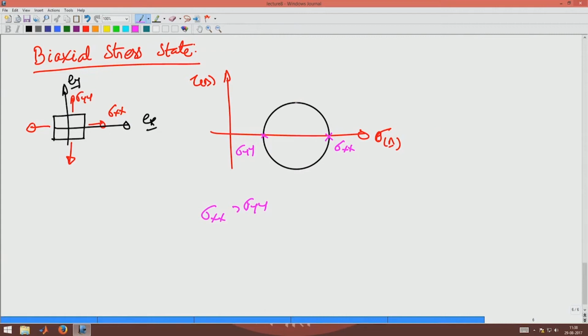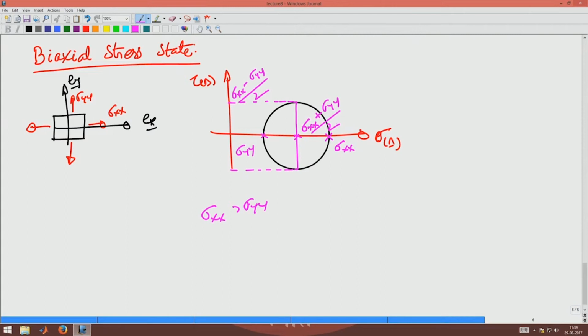Maximum shear stress would be this line, that line, which will be having a radius of sigma xx minus sigma yy by 2, and this point is sigma xx plus sigma yy by 2.